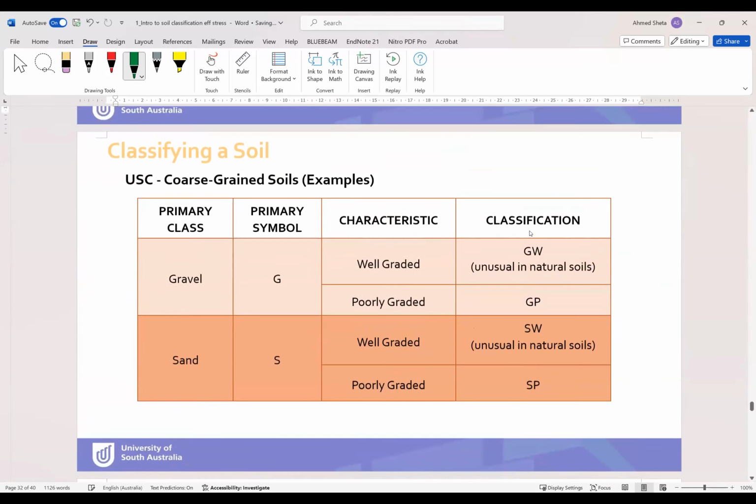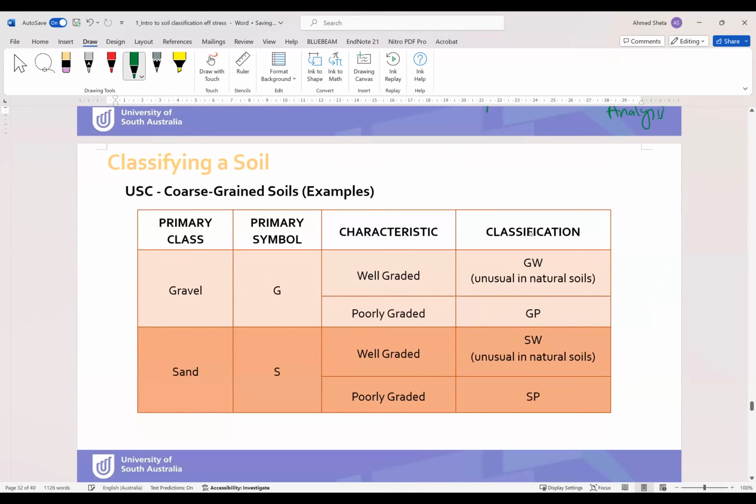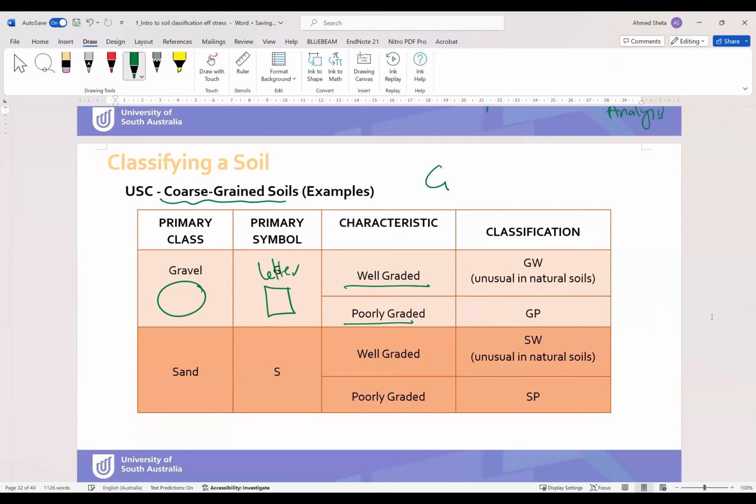Okay. Now this is some example of the soil. If we have gravel for the coarse grained soil, the primary symbol or letter 1 will be G. And it can be well graded or poorly graded. If it is well graded, it will be GW.